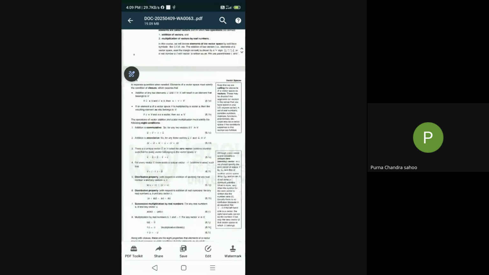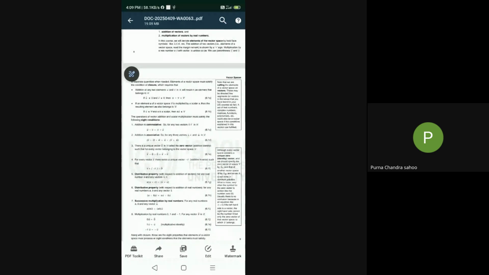If an element U of a vector space V is multiplied by a scalar A, then the resulting element AU also belongs to V. So if U vector belongs to V and A is a scalar, then AU belongs to V. The operations of vector addition and scalar multiplication must satisfy 8 conditions.